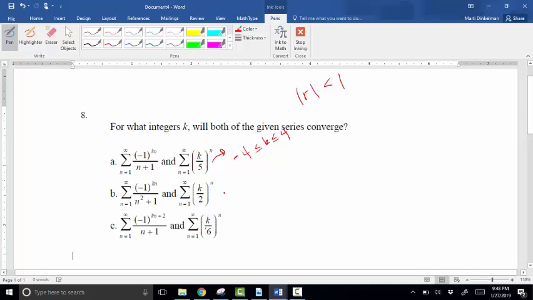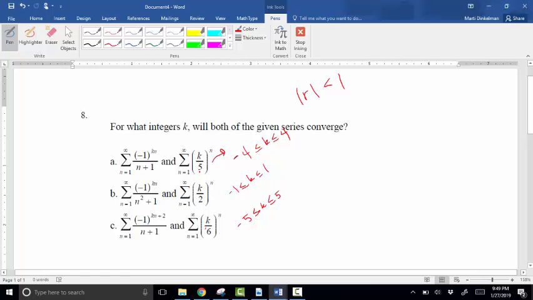And then on part B, -1 to 1. And then on part C, -5 to 5. Okay, so we've taken care of the geometric part.